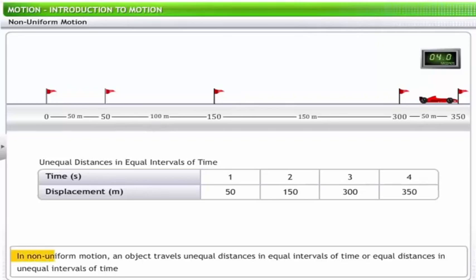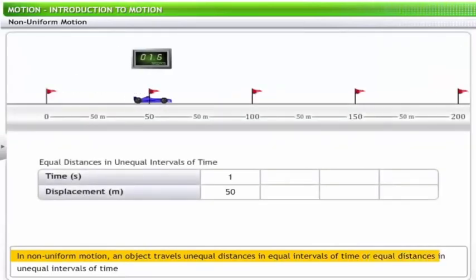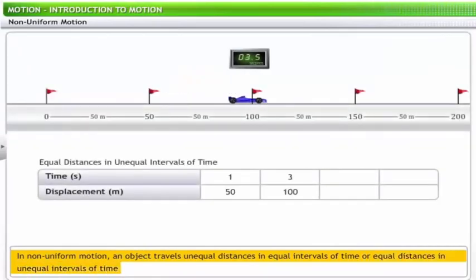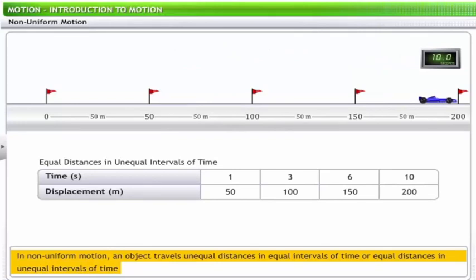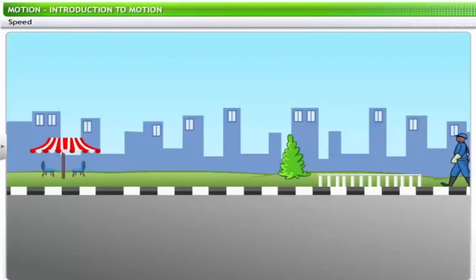An object is said to be in non-uniform motion if it travels unequal distances in equal intervals of time, or equal distances in unequal intervals of time. Different objects may take different amounts of time to cover a given distance.